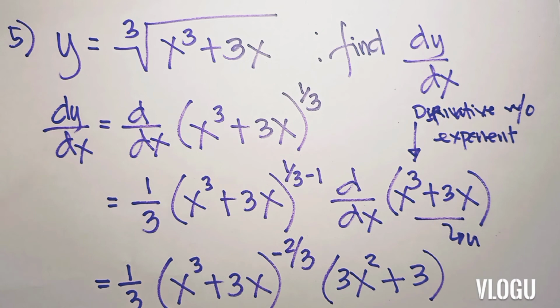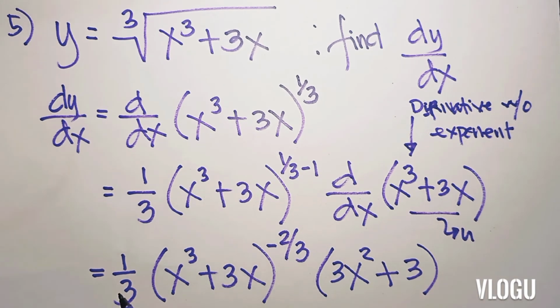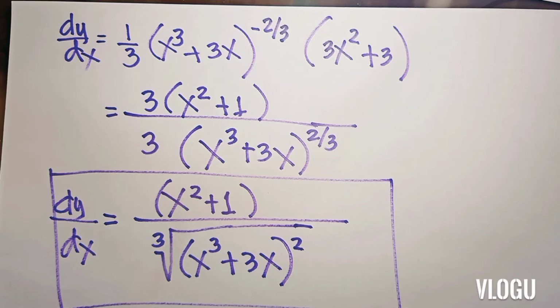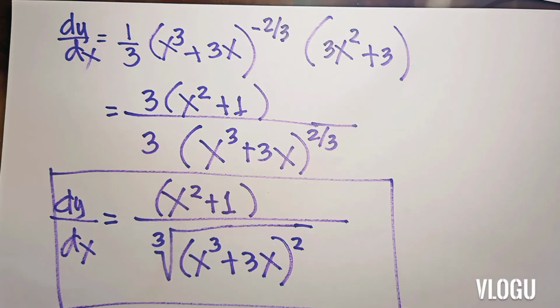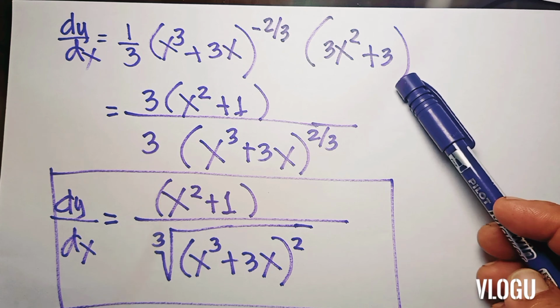So therefore, we have 1/3 (x cubed plus 3x) raised to negative 2/3 times the derivative of x cubed, that is 3x squared. Derivative of 3x, that is 3. So we have now a form of 1/3 (x cubed plus 3x) to the negative 2/3 times (3x squared plus 3).